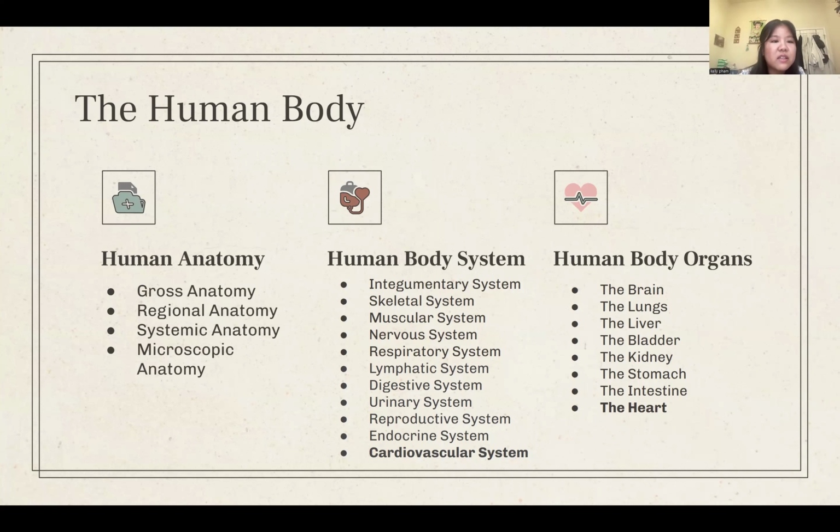The lymphatic system is an organ system in vertebrates that is part of the immune system and complementary to the circulatory system. The digestive system, made of organs that are important for digesting food and liquids.